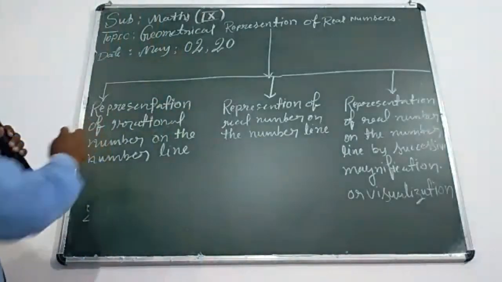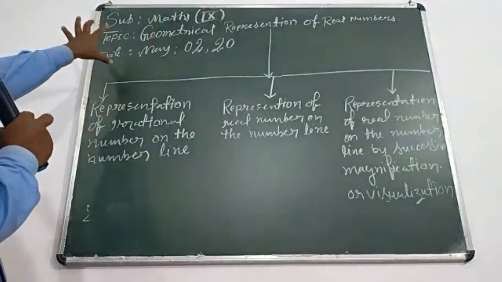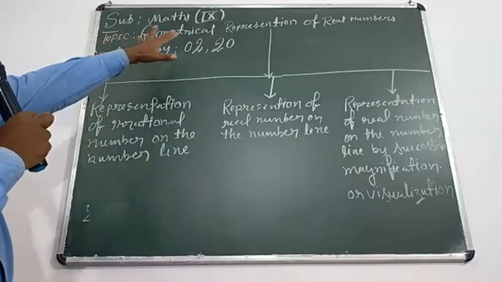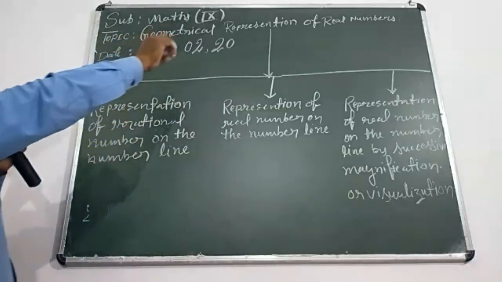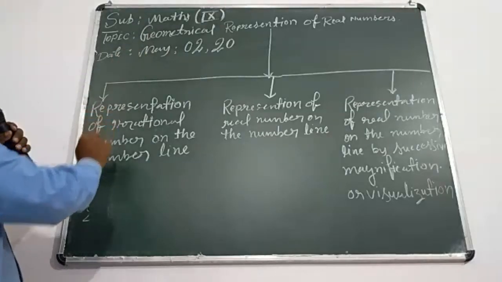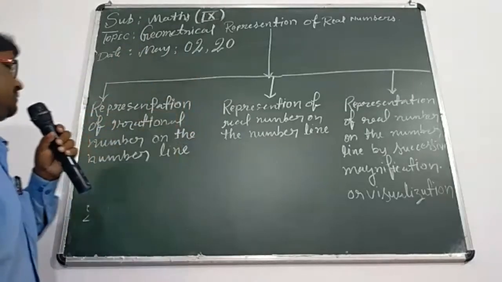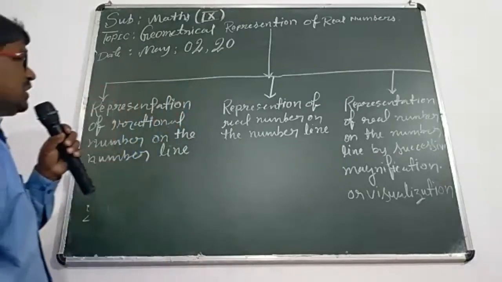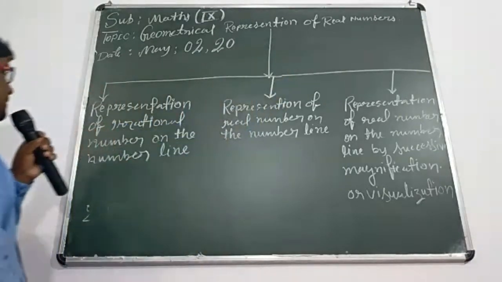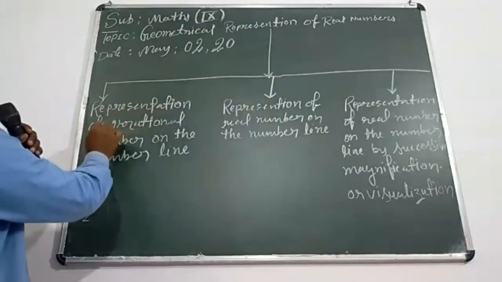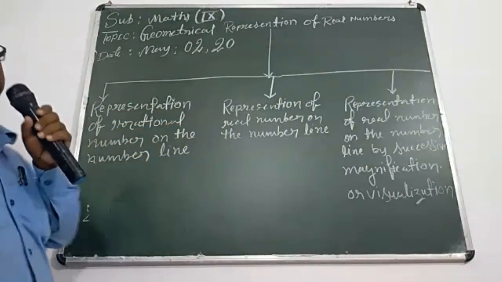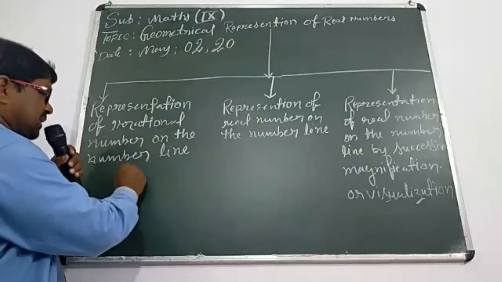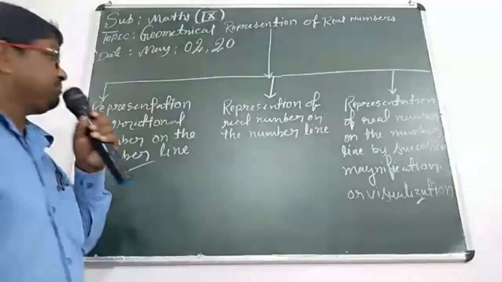Hello student, come to our today's topic, geometrical representation of real numbers. In this topic, we are going to discuss these 3 points, 3 types of problem, 3 types of representation. First, representation of irrational number on the number line.